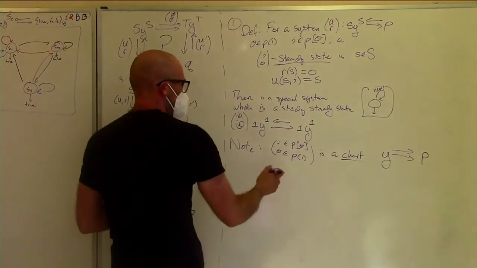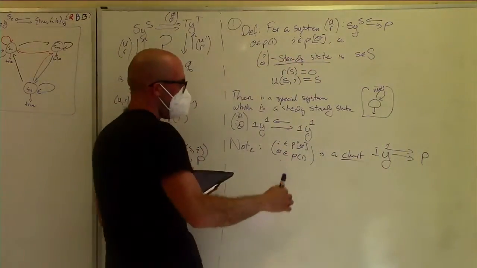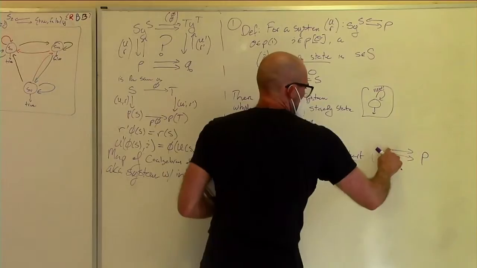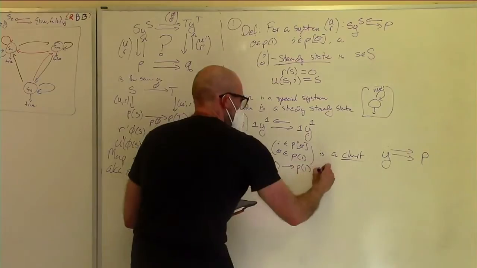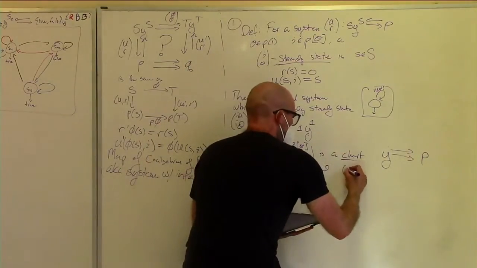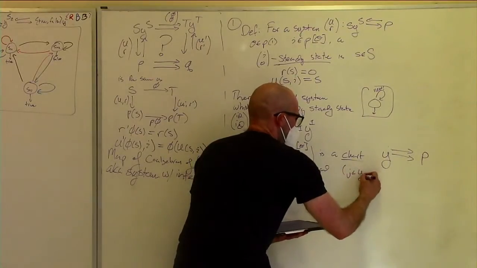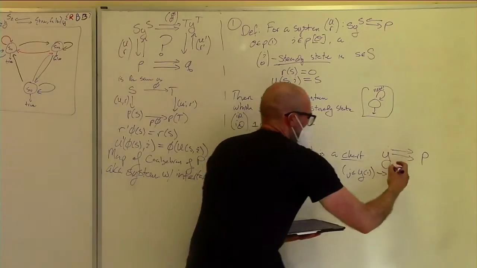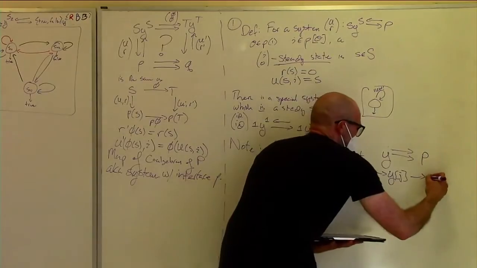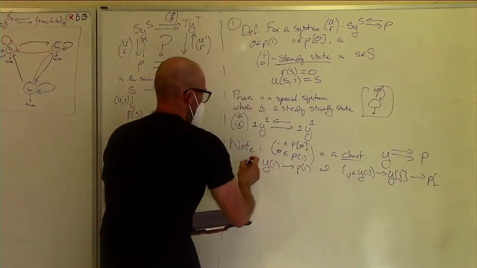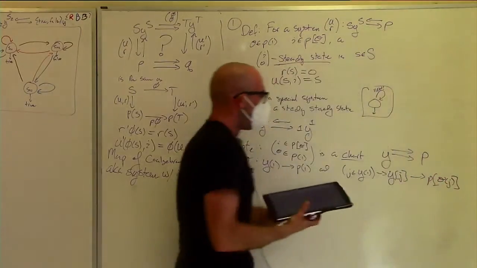Well, remember that Y of 1 is 1. And a chart is a map on Y of 1 to P of 1, and for any J in Y of 1, and for any thing sitting over J, we get something sitting over that here. So I'll call this O. So that's just what it means to be a chart.